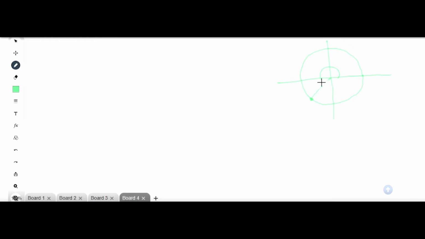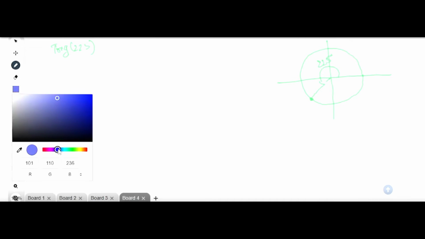Okay, so 225 is nothing but this way. Is this the right way, or is there any better way?